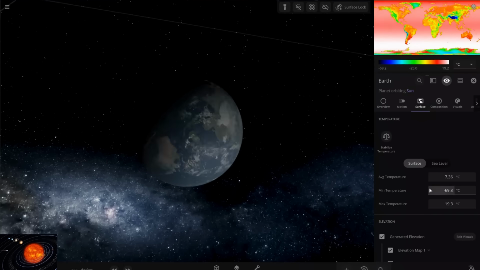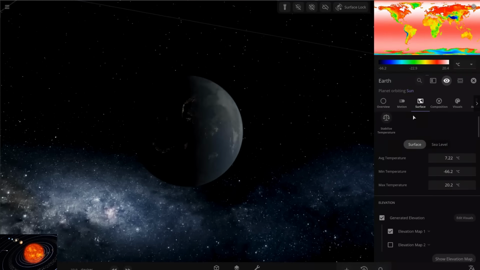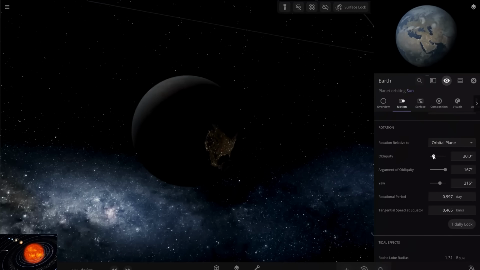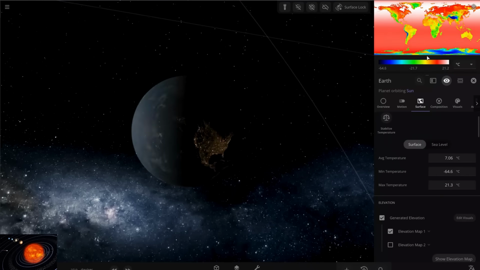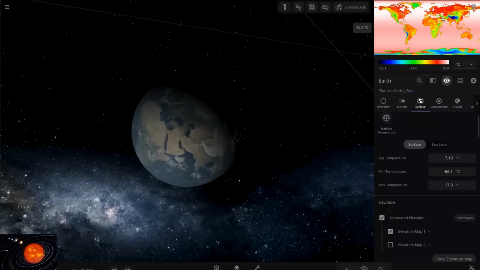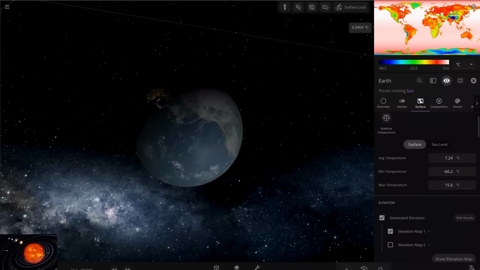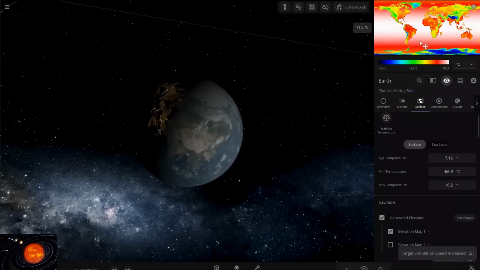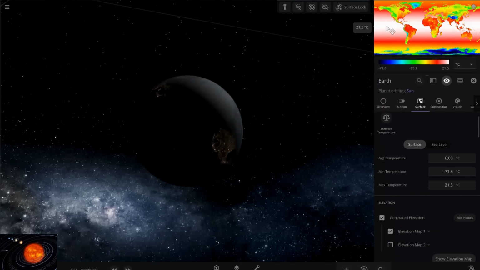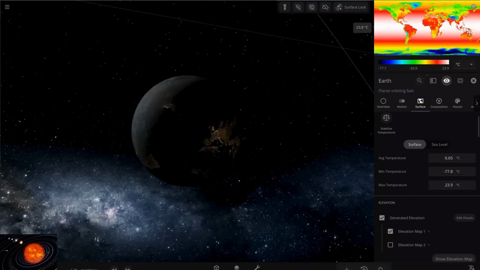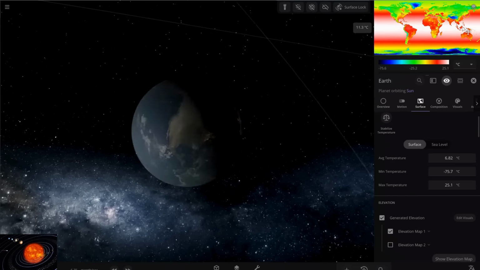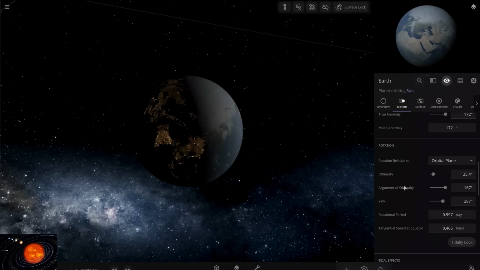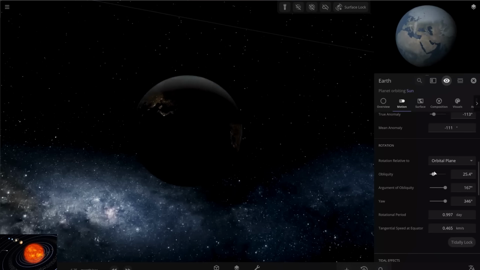If I bring it back to 23, you can see now this is the map of the Earth, and the places which are hotter or colder are much different than the plan which we had previously. So you can see the heat is balancing here, but in the time which I just increased that parameter, let me show you.